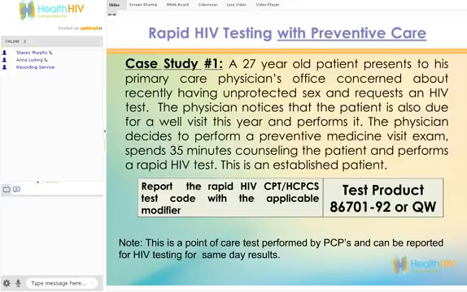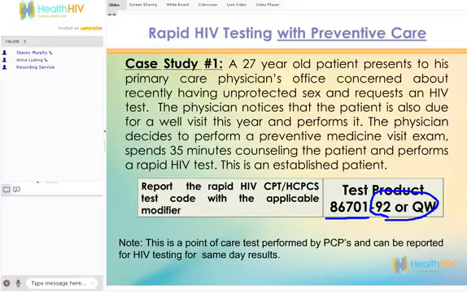So the physician decided to do a rapid test, and he selected CPT code 86701. And in this case, you can use modifier 92 or modifier QW, depending on what your local Medicaid state agency or what your participating insurance plans tell you to utilize.